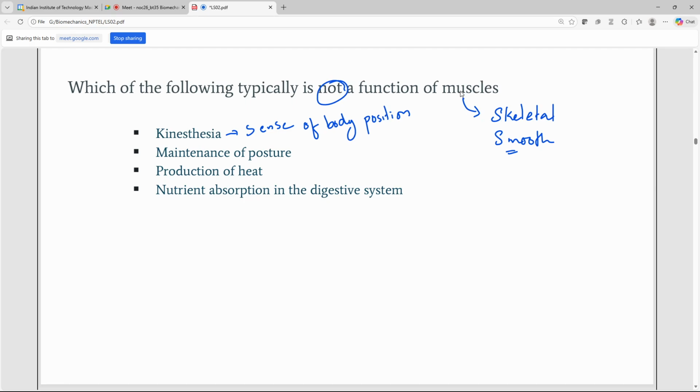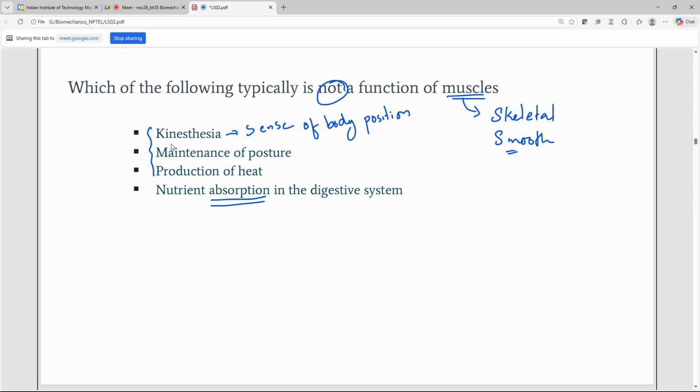The question is asking broadly about muscles, so there can be confusion, because the digestive system is also lined with smooth muscles. But the option is saying nutrient absorption. Even though the GI tract and stomach are lined with smooth muscles, the absorption mechanism is not done by the muscles. So all three, kinesthesia, maintenance of posture, production of heat, are muscle functions.